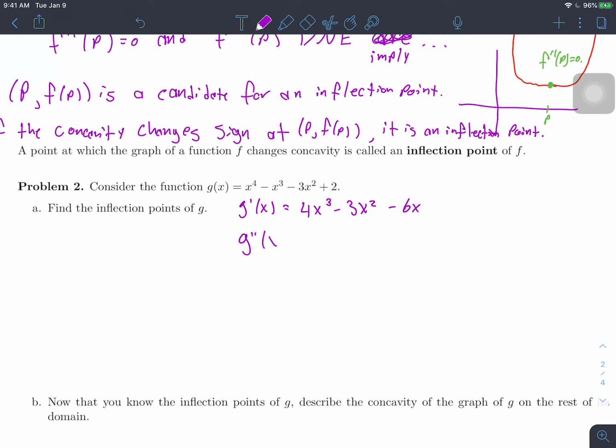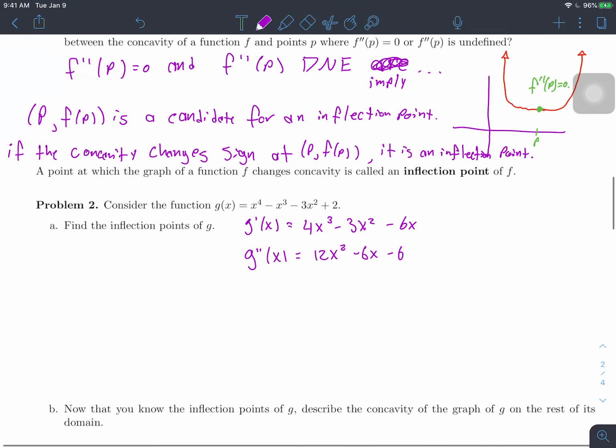G double prime, we're going to get 12x squared minus 6x minus 6. And our goal is to understand the candidates for inflection points.